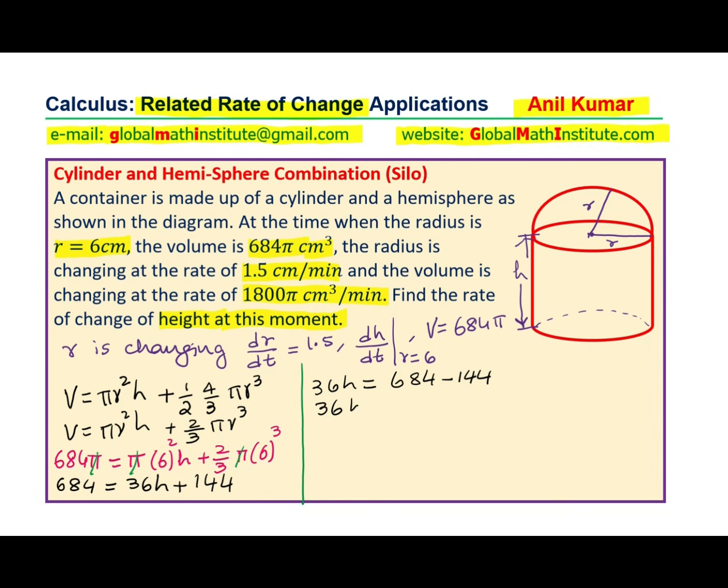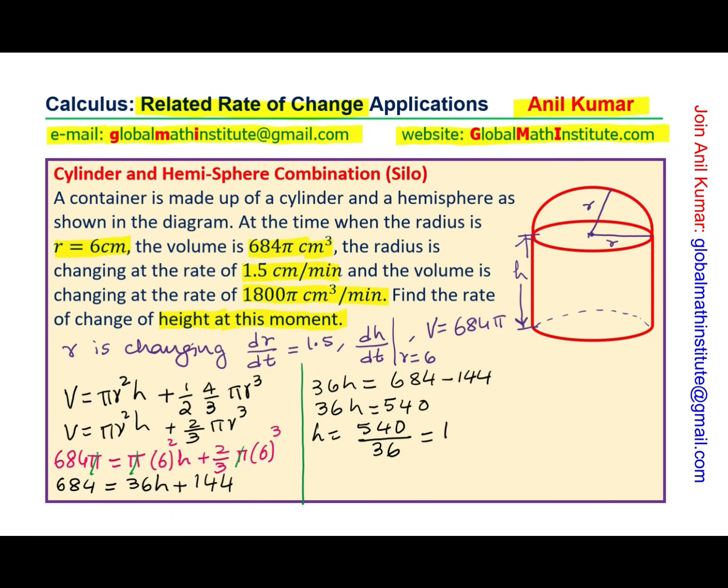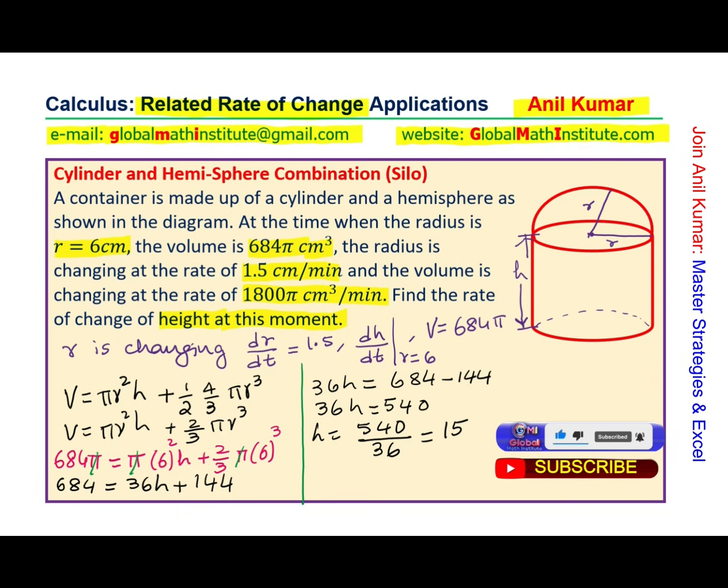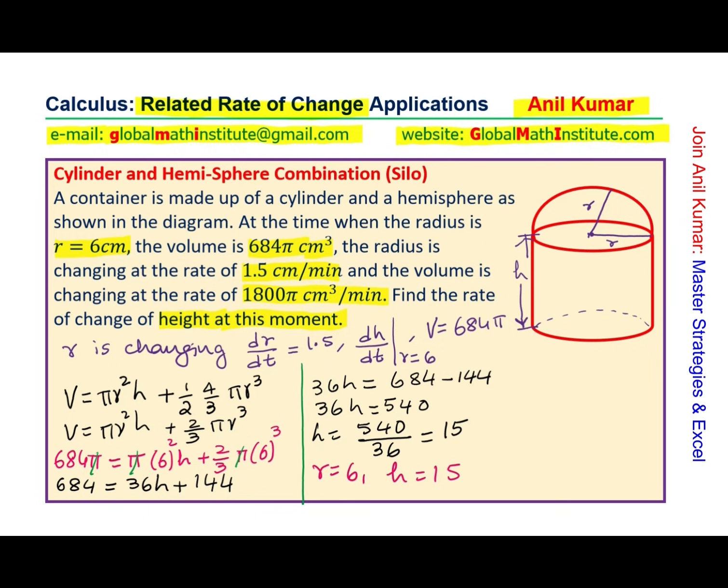So 36h is 540, and h will be 540 divided by 36, which is 15, right? So we get the height in this particular case at the instance when radius is 6. Okay, so if radius equals 6, height equals 15. Very important. We got that.